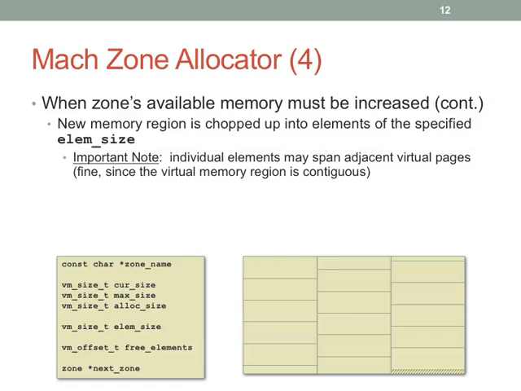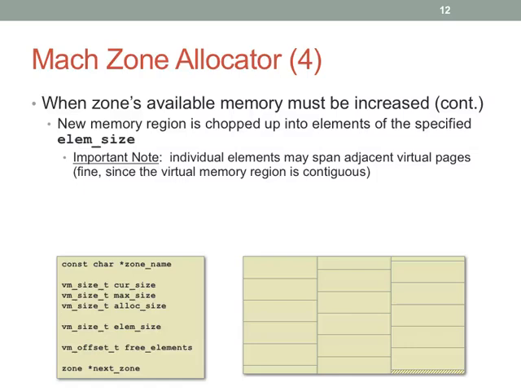Now you'll notice some interesting little nuances here. First of all, I've got 3 pages, but the objects may span from one page to the next page. So end of one page to the beginning of the next page. No biggie. Okay? Also, you may notice that we may waste a little bit at the end. But if we have a large number of pages, the waste should be small.